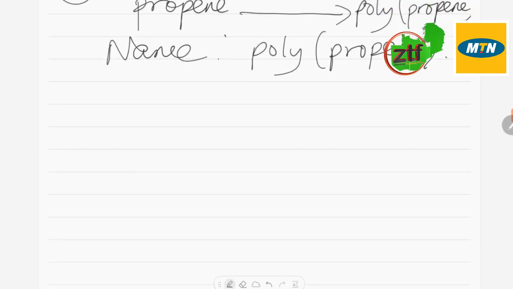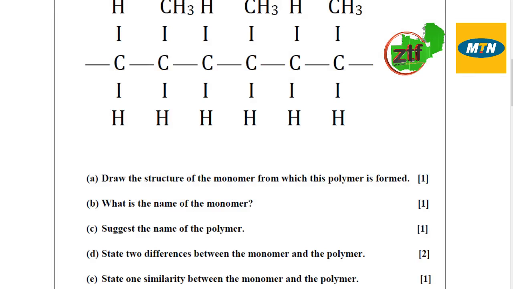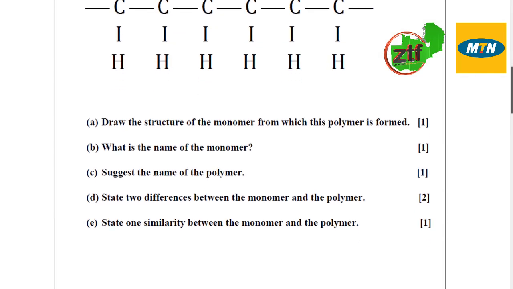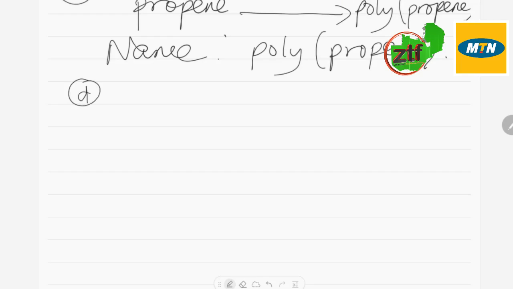We can now look at question D. Suggest two differences between the monomer and the polymer. So to do that, I want us to draw the structures now of the monomer and the polymer again, so that we're able to differentiate. So this is polypropene.